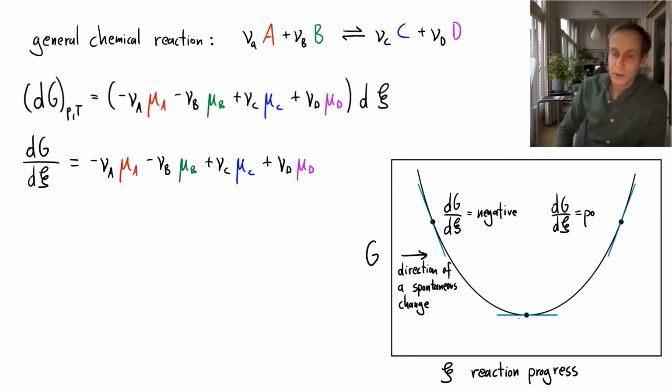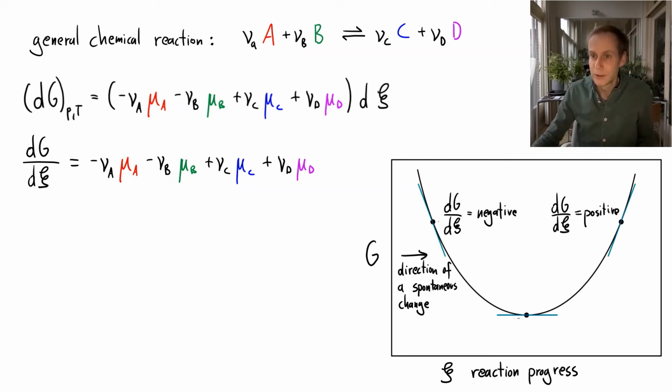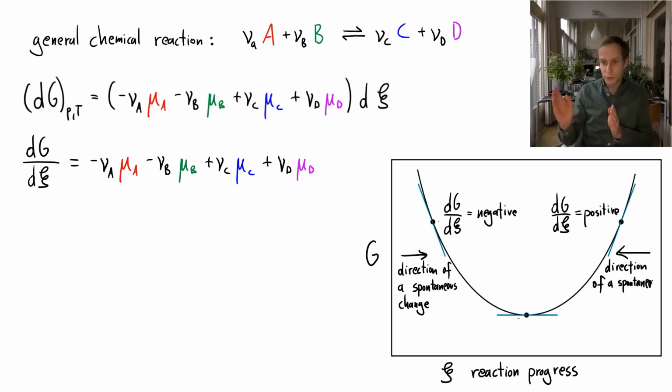Okay? And on the other hand, at that point here the slope of the free energy with respect to the reaction progress squiggle is positive, right? So that indicates that here we don't go to the right, but we go to the left.